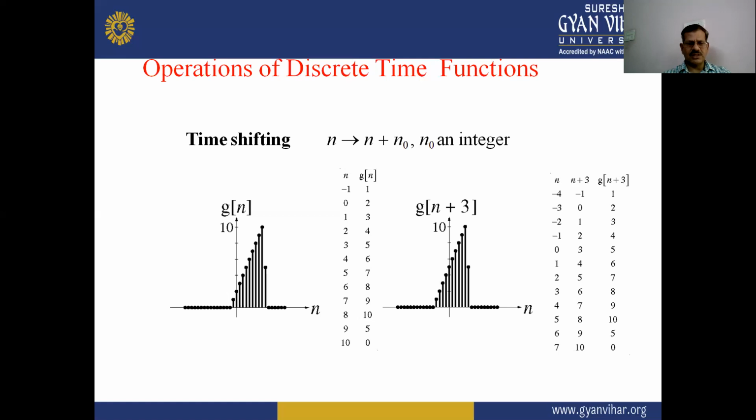So here is the operation of discrete time function, where we have different values of n, n plus 3, and also g[n + 3].